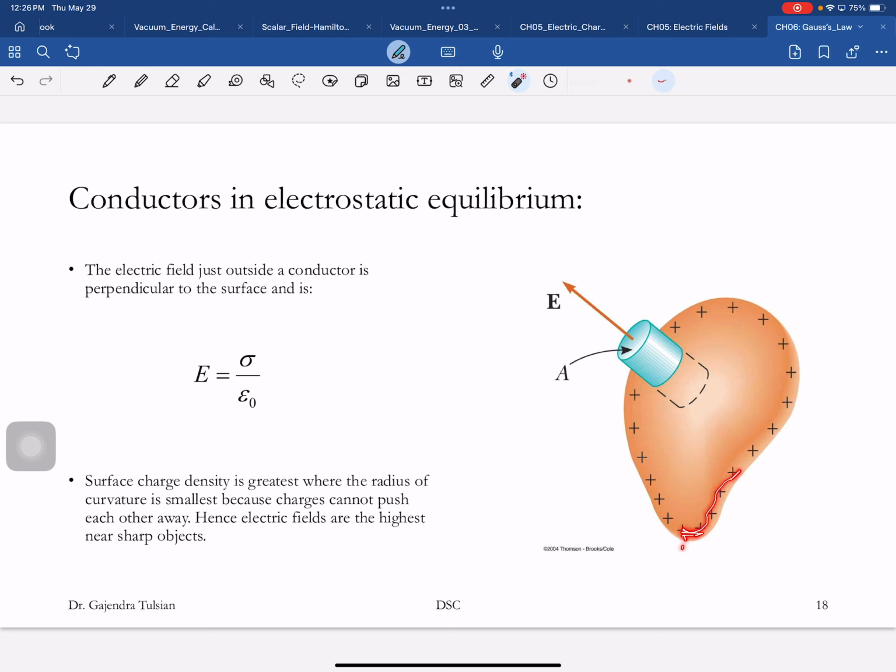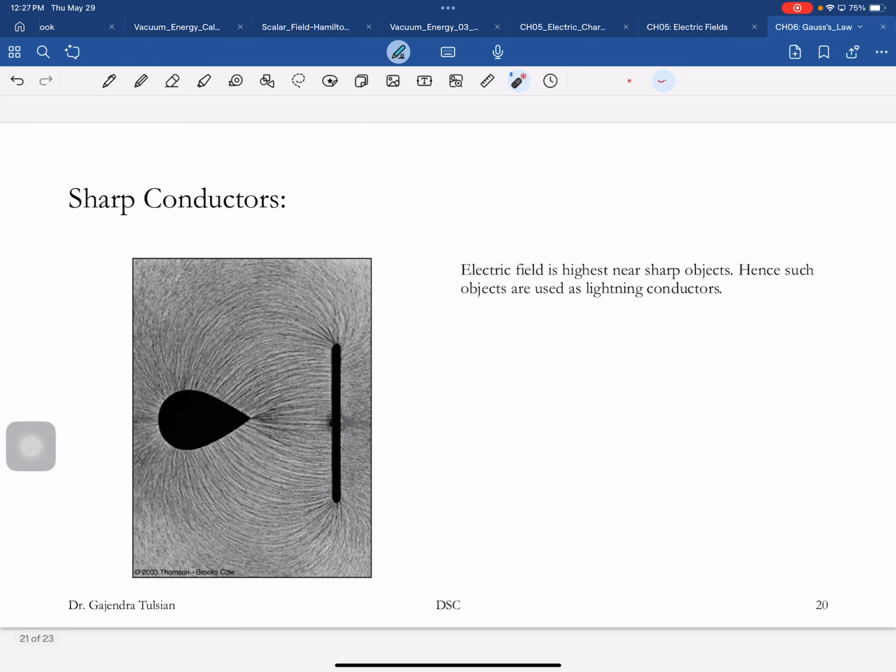These two guys would like to be far away, but they can't get too far because you've hit the surface, and it takes energy to get out of the metal. So if you don't have the energy, you're stuck. So near sharp corners, the density is higher. The electric field strength is higher. Here you see, the electric field strength is higher.